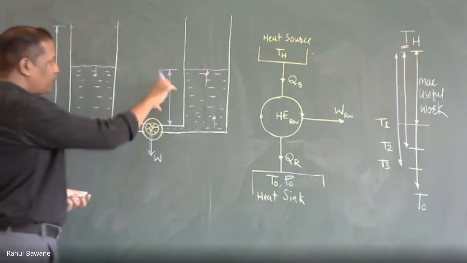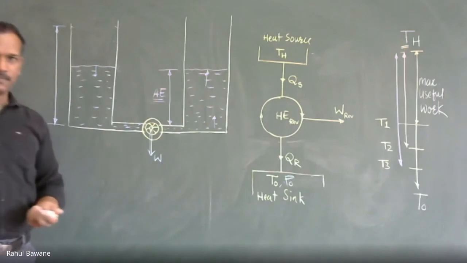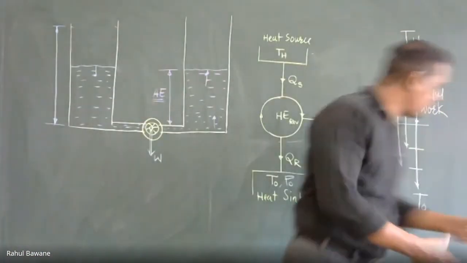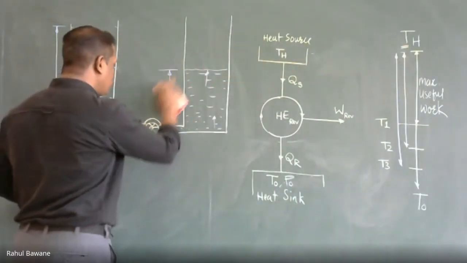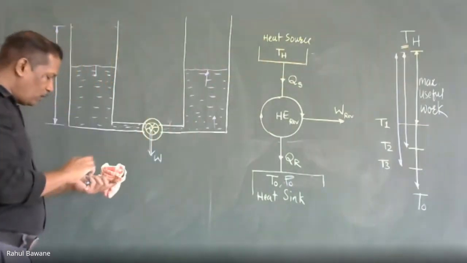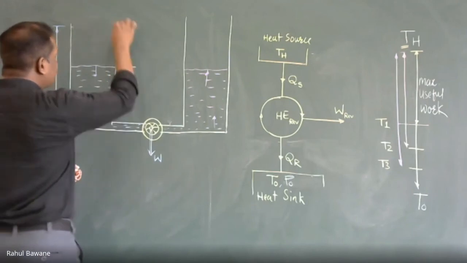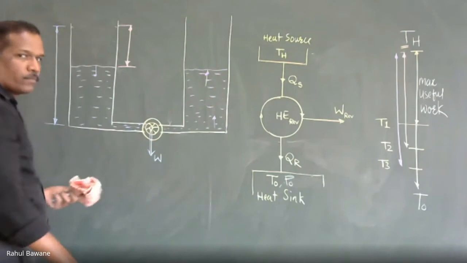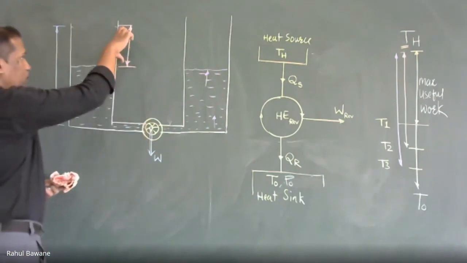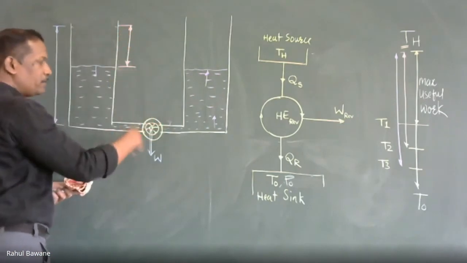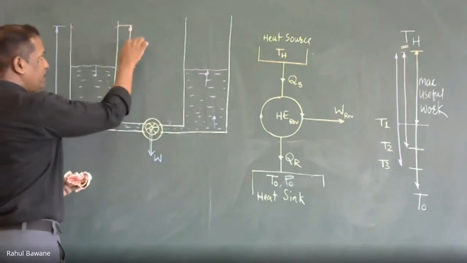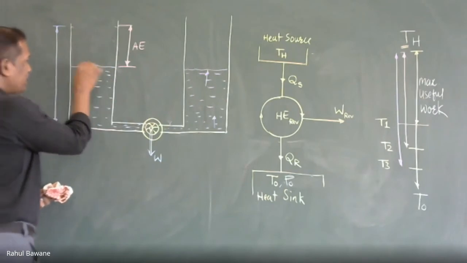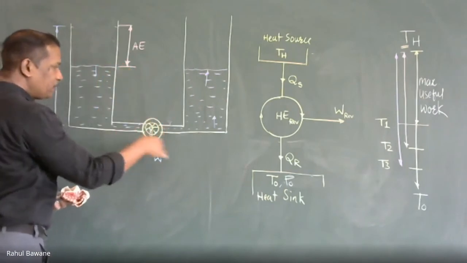On the original water reservoir, up to the drop of this level, there will be work done. So this much energy is available to do work. When your water reaches this level, there will be no work done.